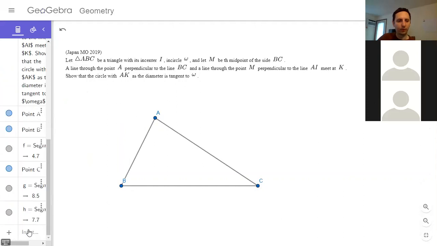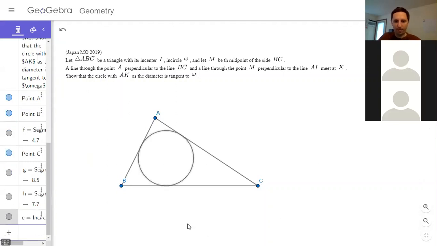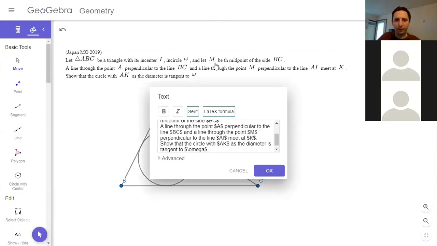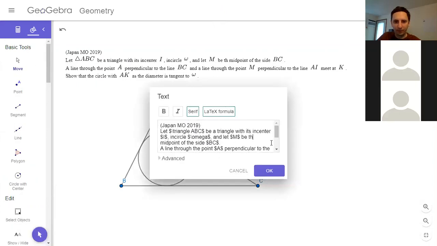So I'm going to draw the incircle. I is the incenter. M is the midpoint of side BC. Sorry, this is driving me crazy. I'm just going to add that.